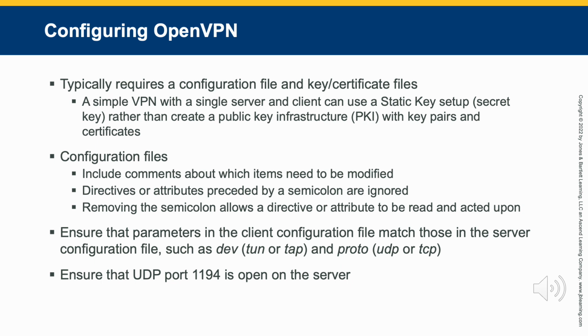Removing the semicolon allows a directive or attribute to be read and acted upon. Ensure that the parameters in the client configuration file match those in the server configuration file, such as dev, tun or tap, and proto, UDP and TCP. Ensure that UDP port 1194 is open for the server.